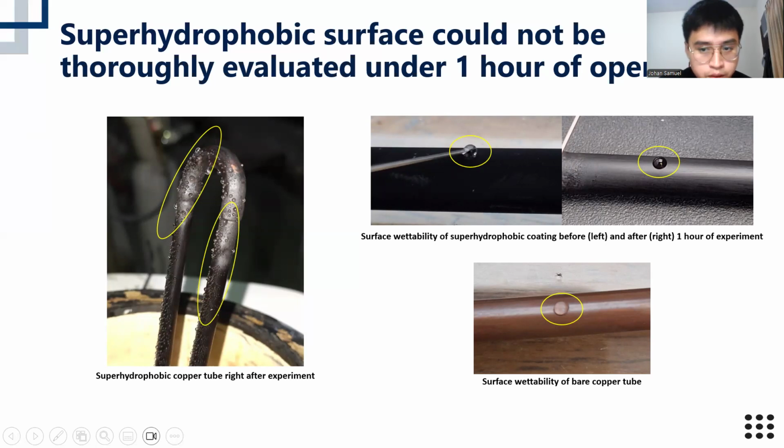Dropwise condensation happens while the experiment took place, but the right figure shows that the degradation of the original superhydrophobic coating is not able to attract water. However, when the surface is already dried out after the experiment, the wettability properties of the surface alter like the bare copper surface. Also, the pitch black color faded. So it is concluded that the superhydrophobic coating is damaged after the experiment.